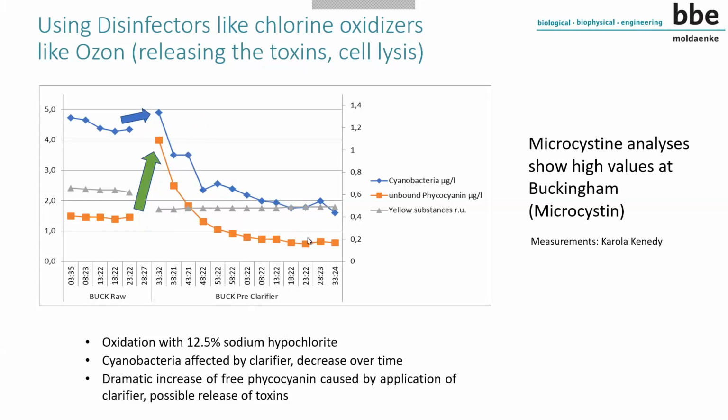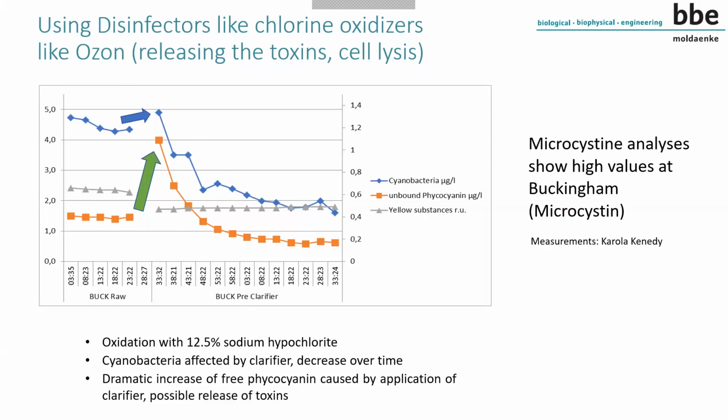When you see that it comes up from, let's say, 4.5 up to 4.9, and you see this also with the yellow substances in relative units. I don't know if it's the scale on the right side, but it also goes as a little jump. I think it seems to be a little bit artificial. I don't think that is a real effect.